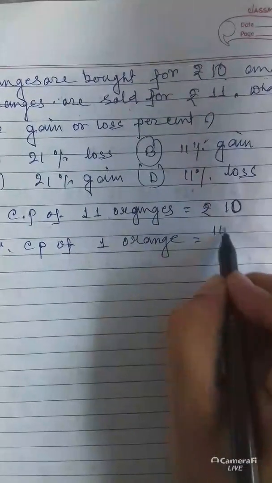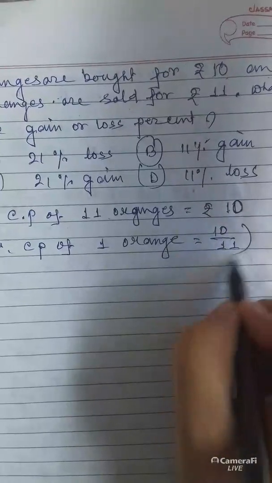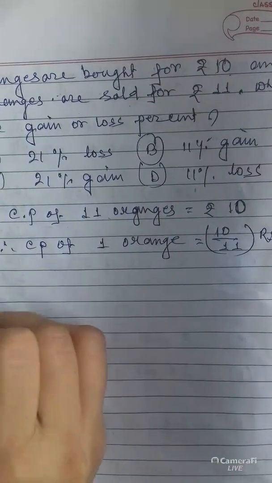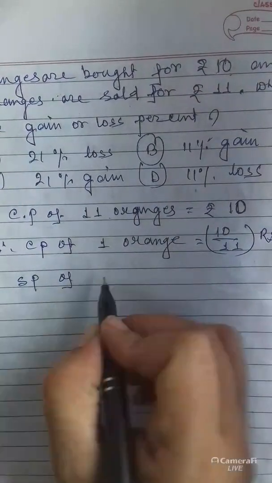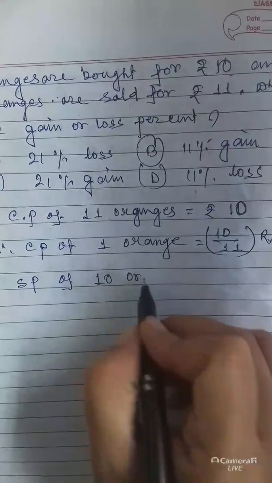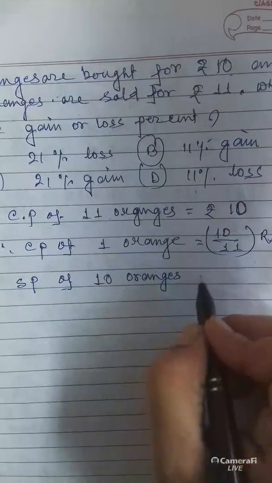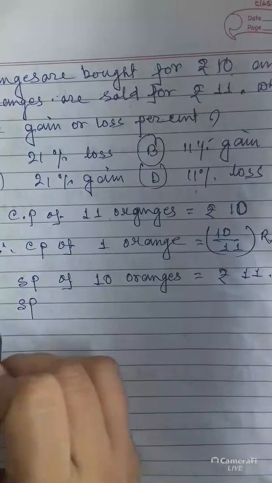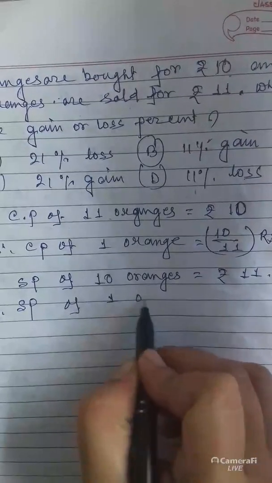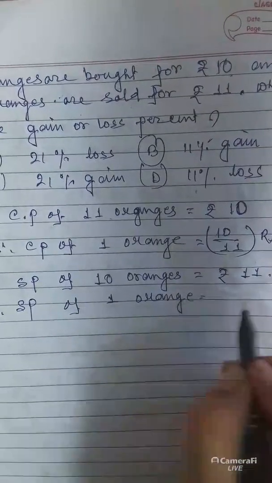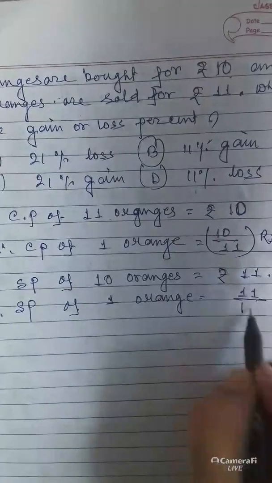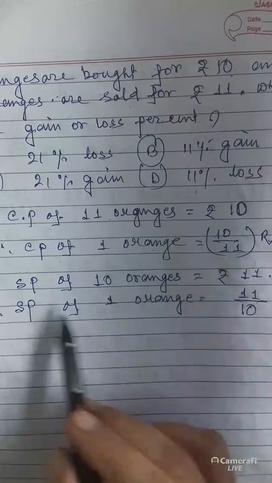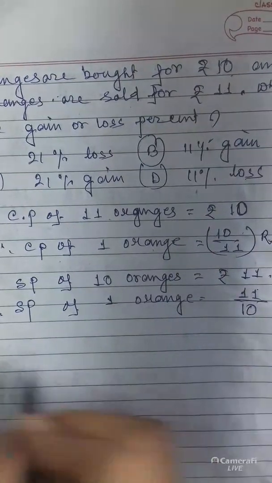Then CP of 1 orange is 10 by 11 rupees. And SP of 10 oranges equal to rupees 11. Therefore SP of 1 orange equal to 11 by 10. CP of 1 orange equal to 10 by 11 and SP of 1 orange equal to 11 by 10.